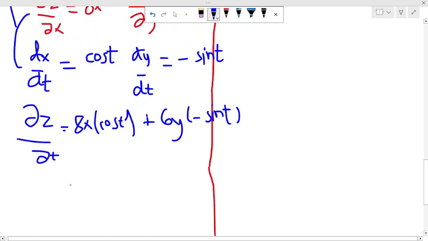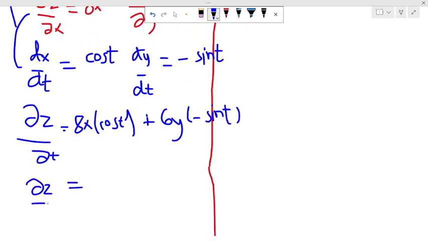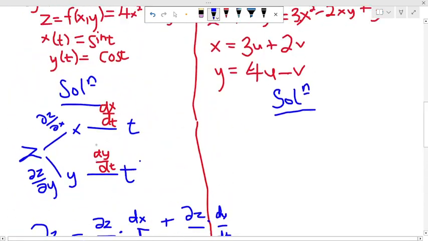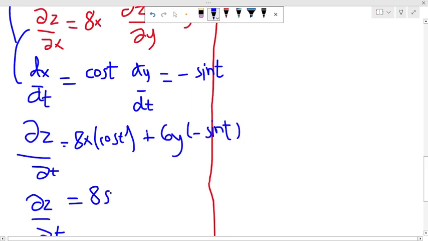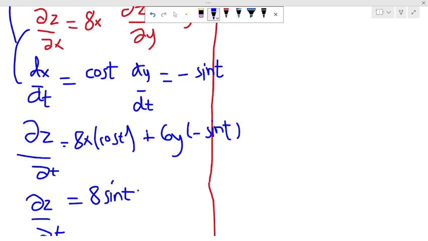So now we are not done, because we are finding z with respect to t. So therefore we have to replace the value for x and y. So now we had our expression for x to be equal to sine t. So therefore we have 8 sine t cos t. Now bringing the negative out, we have negative 6.